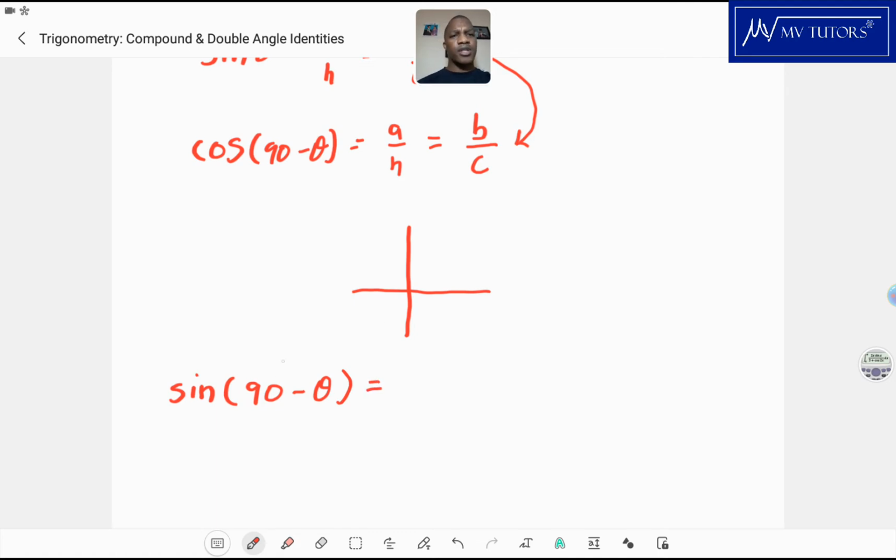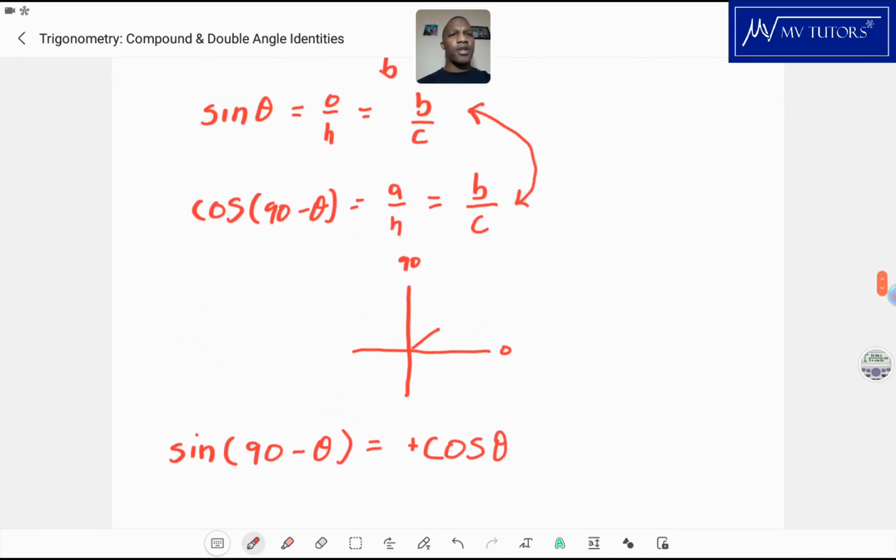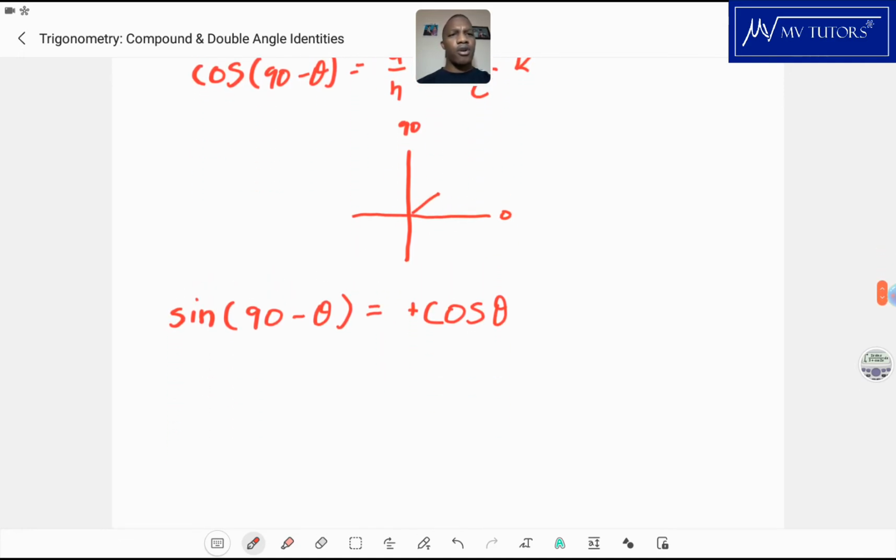Now let's start with the sine. 90 minus theta, that's 90 over there, it's 0 there, 90 there. 90 minus theta is in this quadrant, so sine in this quadrant is positive. Therefore, that's equal to cos theta. The 90 minus theta changes a sine into a cos, just like we demonstrated on top there.